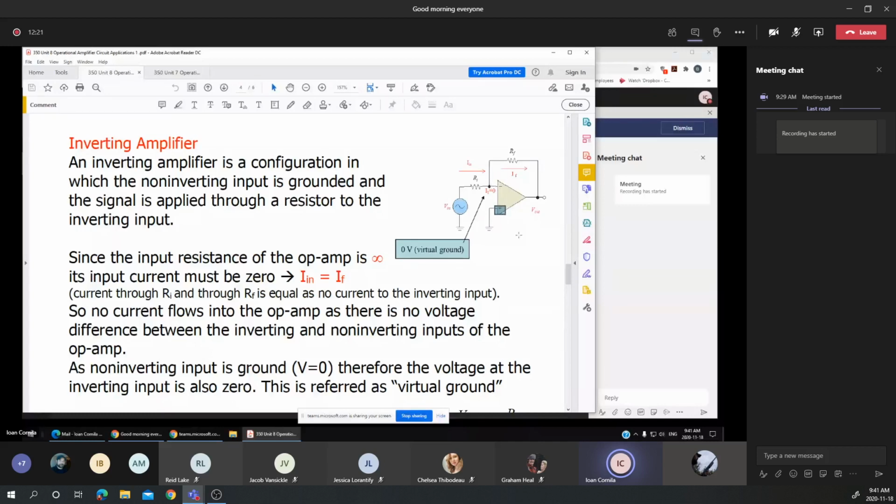Now, I mentioned that in op-amps we don't use everything that we used before. KVL and KCL are not applied in the same way; they have a different behavior.